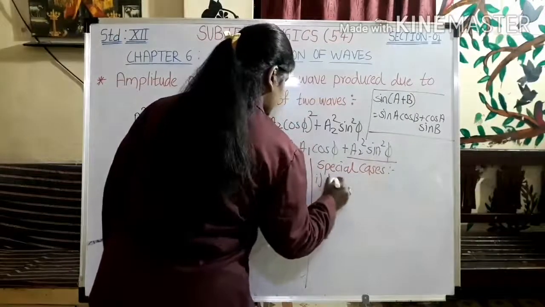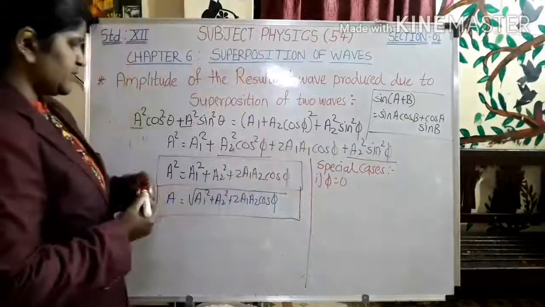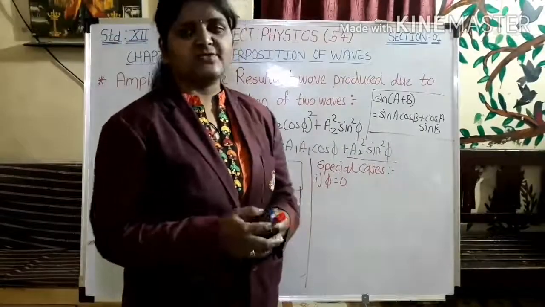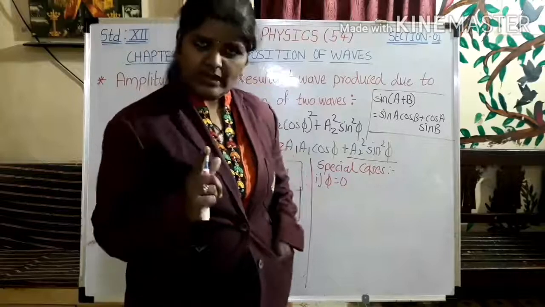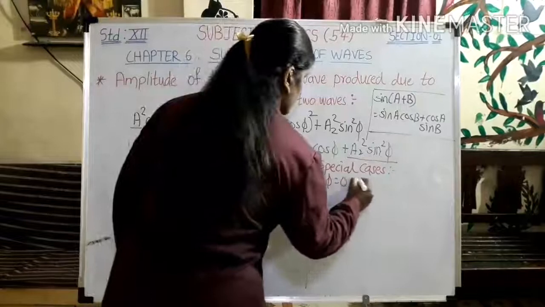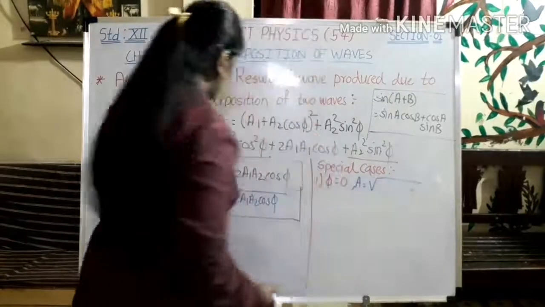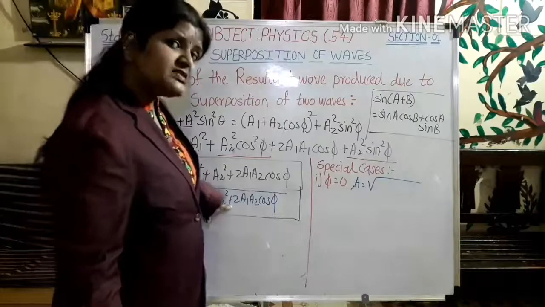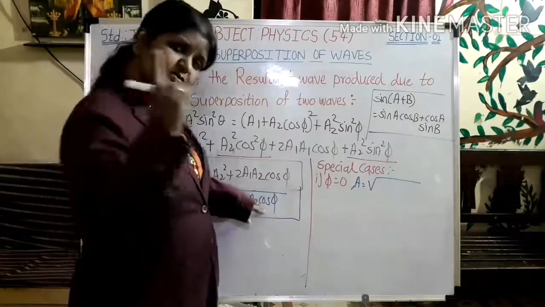First, if phi is equal to 0, what will be cos phi? Cos 0 is 1. So I will get A as under root a1 square plus a2 square plus twice a1 a2, because cos 0 is 1.